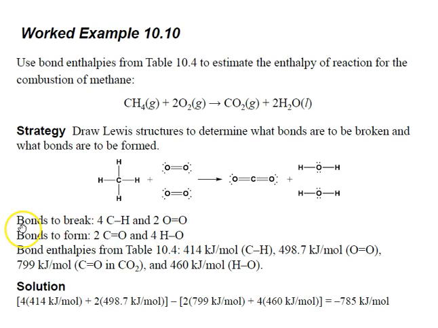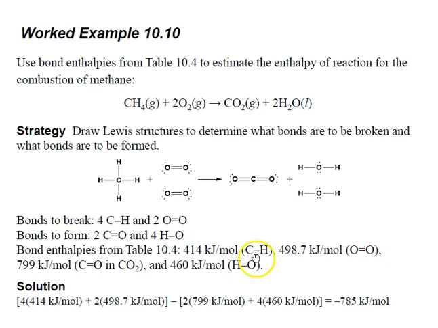We can look up the bond enthalpies from table 10.4. So a carbon-hydrogen, and before I give these values, especially with this, think of this as a cost. Like, how much does it cost to do it? So think about it as money, and we can wrap our minds around that with the energy and money concept. So this is like the cost of all of this.